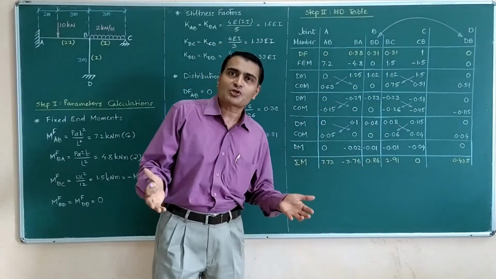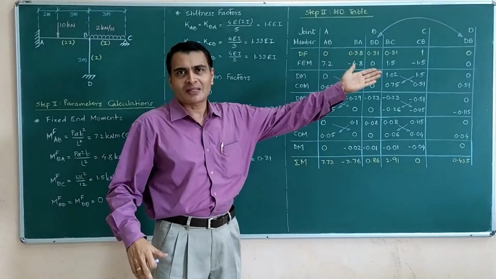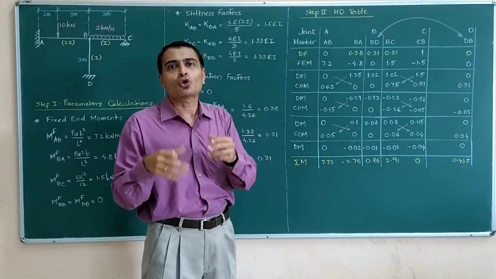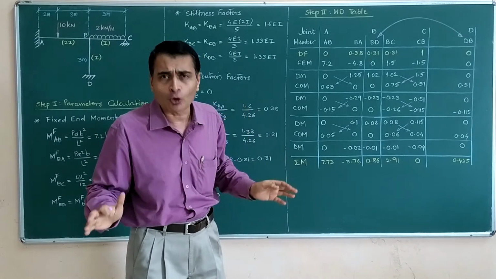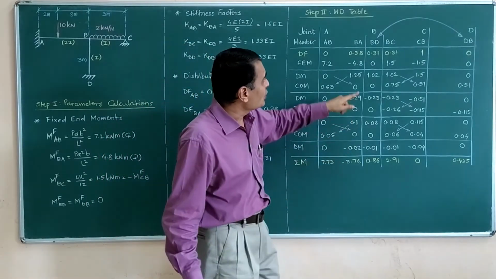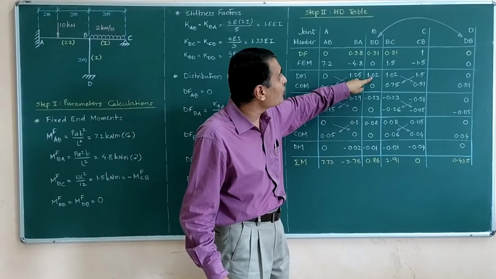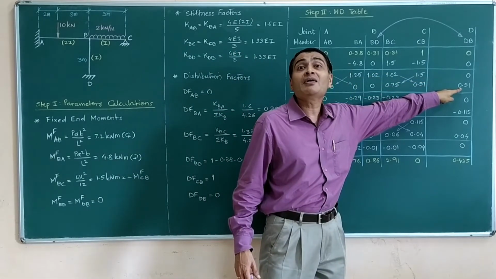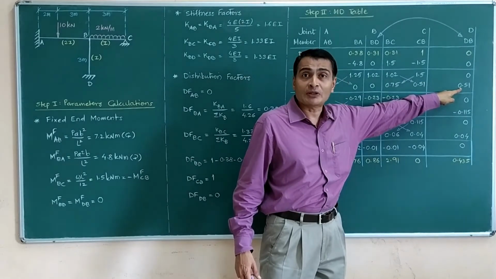While solving the first problem, you may show that particular curved connecting arrow, but not in the exam, not later on, and you won't need it also. So the moment absorbed by BD is 1.02, half of that is going to the end D as 0.51.